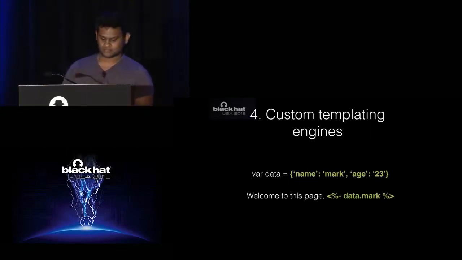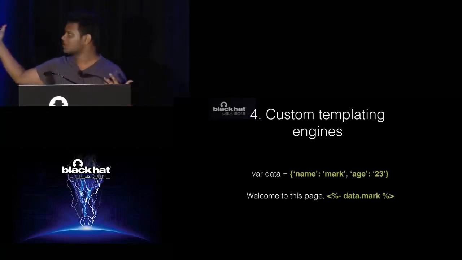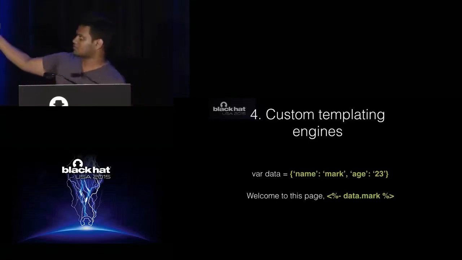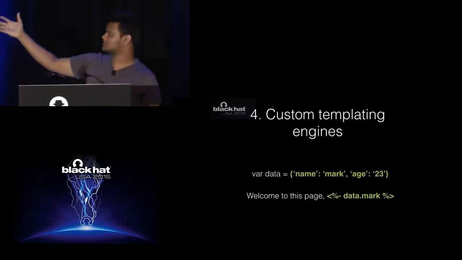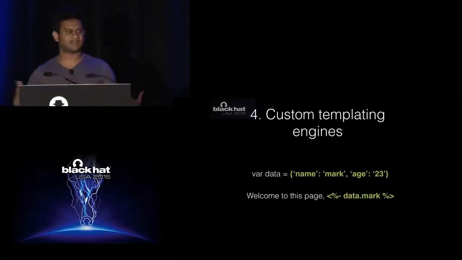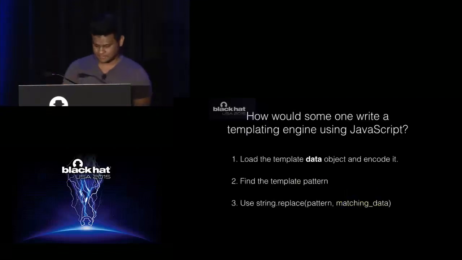To talk about front-end templating engines: you have some custom data, and then you have a templating language, something like data.mark, which opens like this and has tags like this. Then the template compiler understands, okay, I need to replace this word with this. It's pretty simple, right?